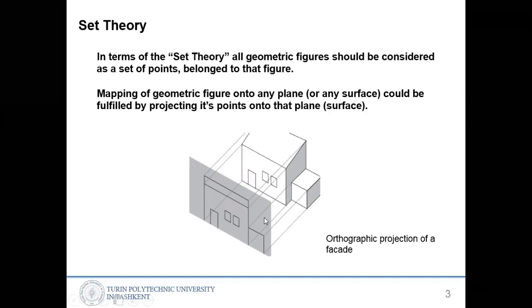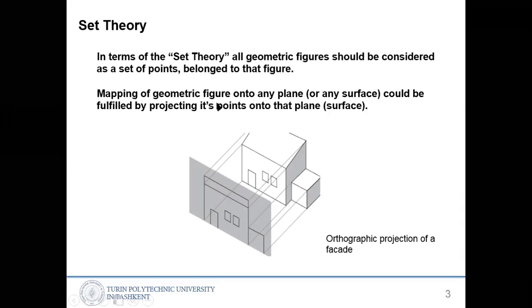For example, a house is given in reality, in 3D. If you want to make a drawing of it, you are mapping it, projecting it from one side. On the page you have lines, but if you look with a microscope, or imagine, those lines are constructed from many thousands of points. So we also use set theory.